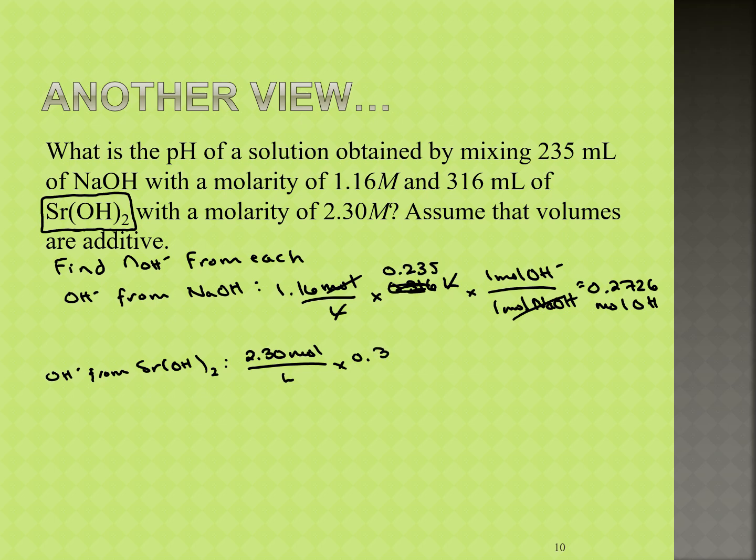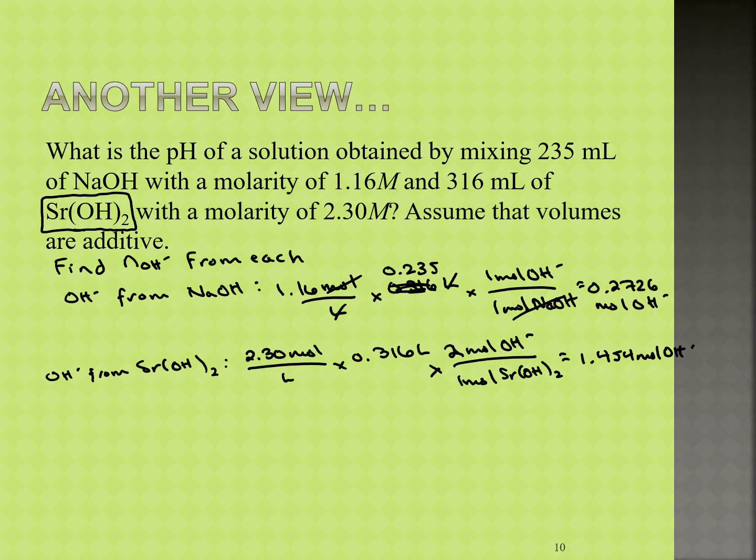This one's the 0.316. My math is still okay up there, I just put in the wrong value. We have 2 moles of hydroxide for every 1 mole of strontium hydroxide here. And so we're going to get 1.454 moles of OH.